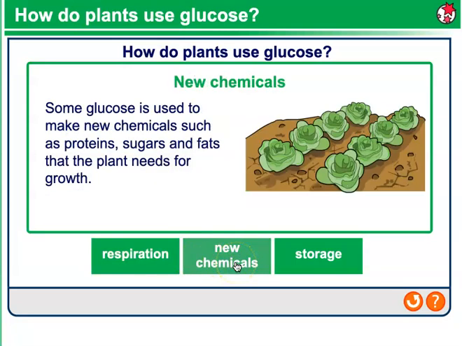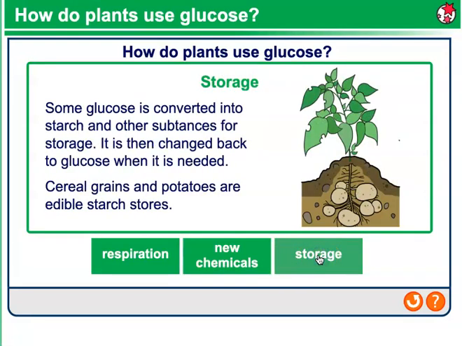Some glucose is used to make new chemicals such as proteins, sugars, and fats that the plant needs for growth. And then storage. Some glucose is converted into starch and other substances for storage. It is then changed back to glucose when it is needed. Cereal grains and potatoes are edible starch sources.